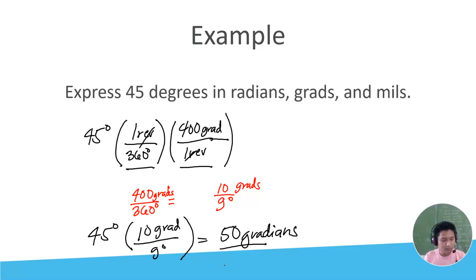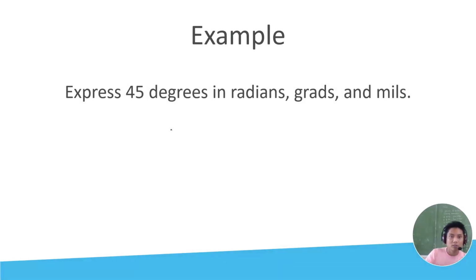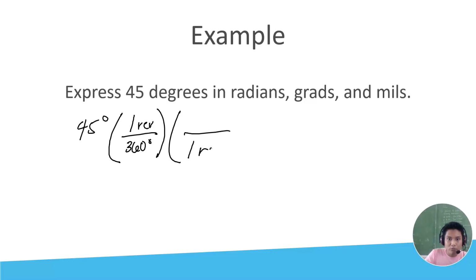Next, convert to mils. 45 degrees, 360 degrees per 1 revolution, and 1 revolution is equivalent to 6,400 mils.